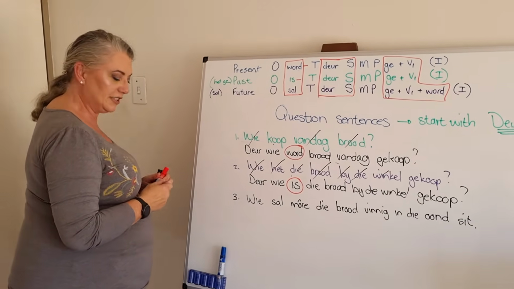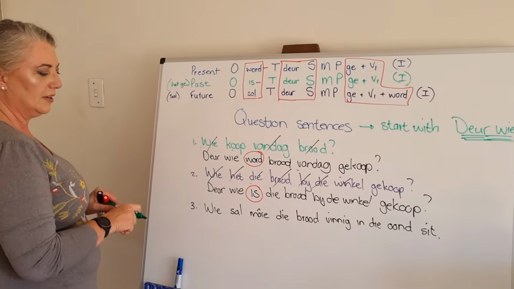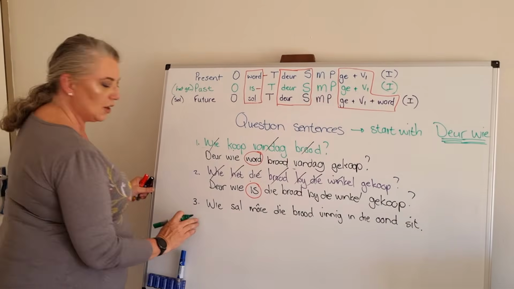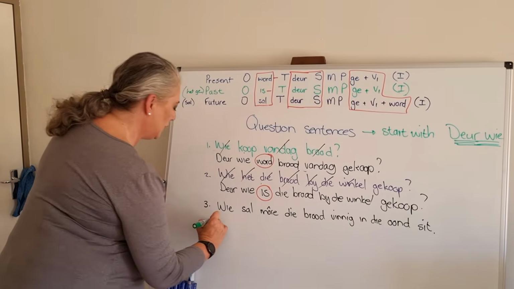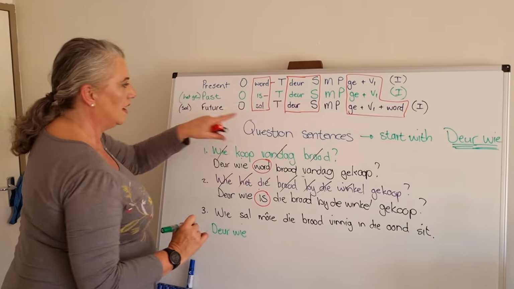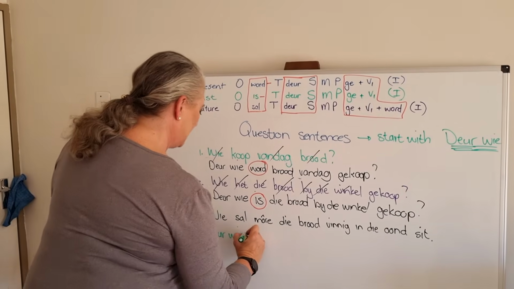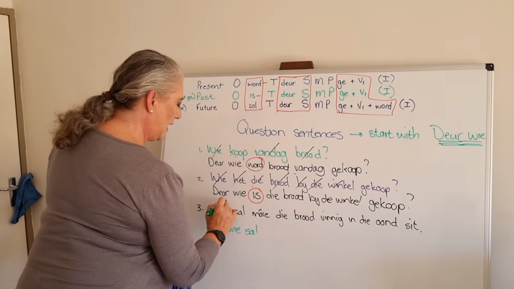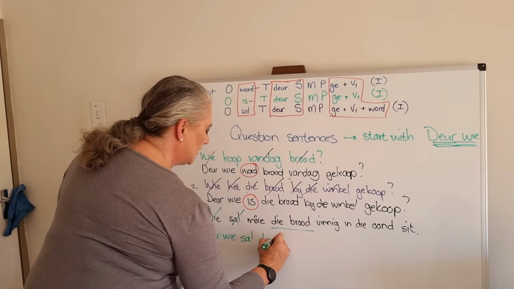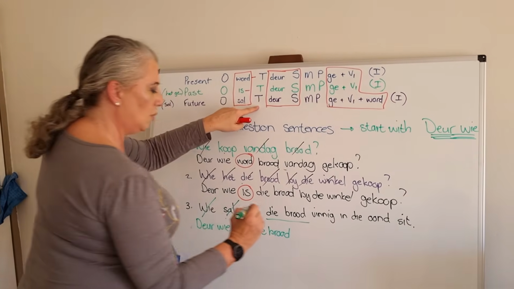Now let's have a look at the future tense. Wie sal môre die brood vinnig in die oond sit? Who will put the bread quickly in the oven tomorrow morning? Wie sal? We start with a question sentence, deur wie. Remember, future tense verb is sal. So, now we have wie already. What is left? Die brood. Time, môre.